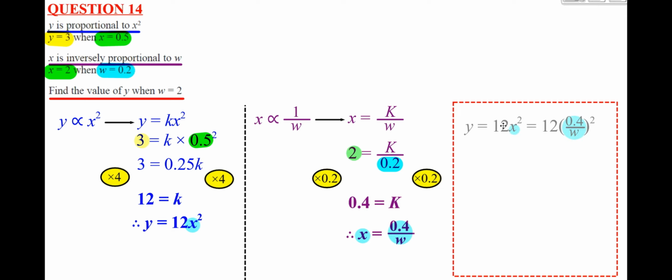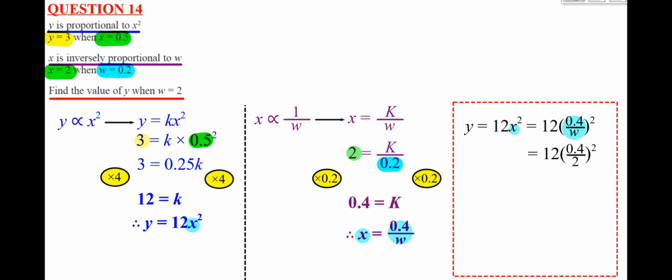So if I rewrite it here, y is 12 lots of x squared, which means 12 lots of all of that squared, and do wrap it in brackets. It's just the x I'm squaring, not the 12, and x is all of this thing here. So we can just sub in now that w is 0.2. So if w is 0.2, y is going to be 12 times 0.4 over 2 squared.